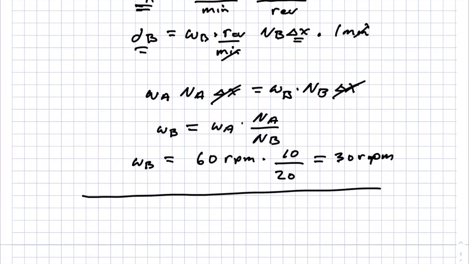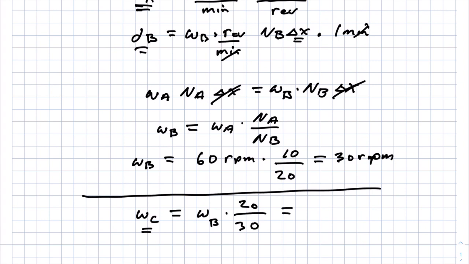Okay, we could apply this same formula to omega C, right? Because we know now that the gear ratio matters in terms of the speed. So if you want to look at the driven gear, omega C is the driven gear. You can multiply by the speed of the driving gear, which is gear B, by the number of teeth for B divided by the number of teeth for C. In our case, 20 and 30.